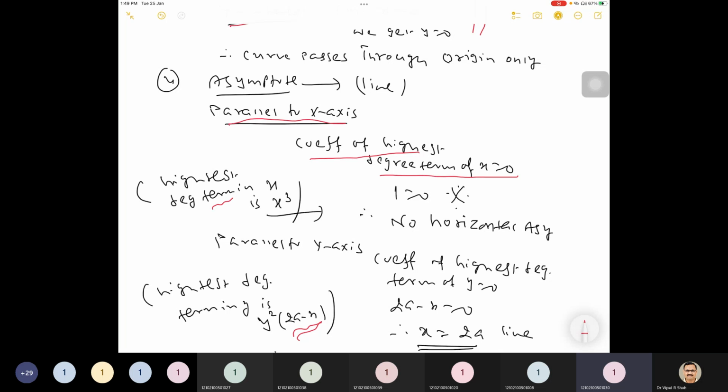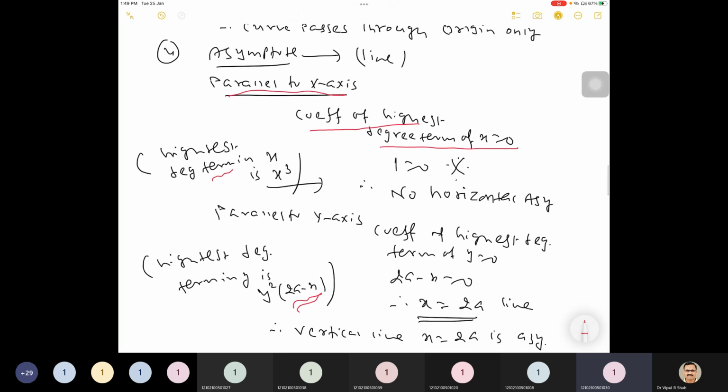Its coefficient is 2a minus x. So 2a minus x equal to 0, that means x equal to 2a. It's a line. X equal to 2a line is the vertical asymptote. Everyone okay? Write down.